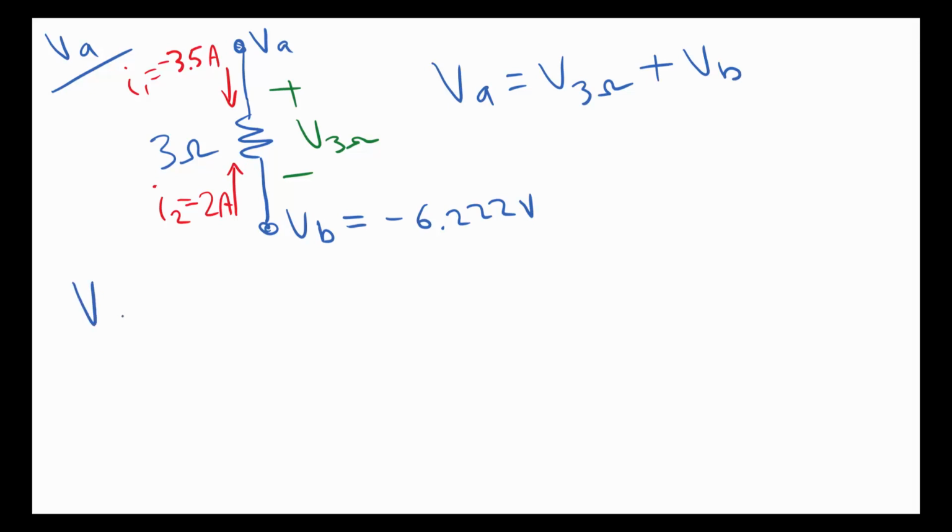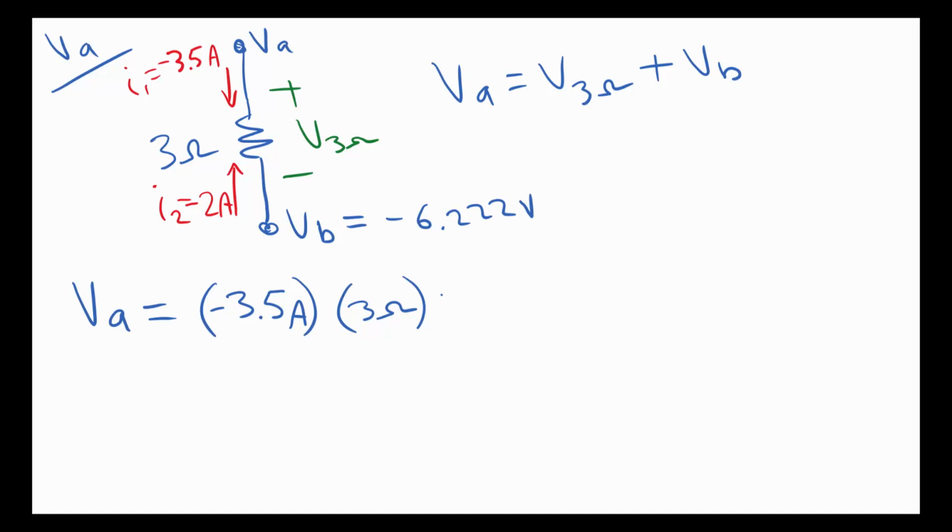So VA is going to be equal to, okay, now let's write in terms of the current. So let's consider I1. It's going in the direction of the voltage drop for the resistor, so it's going to be positive, but the actual numerical value is negative, so it's going to be minus 3.5 amps times 3 ohms.